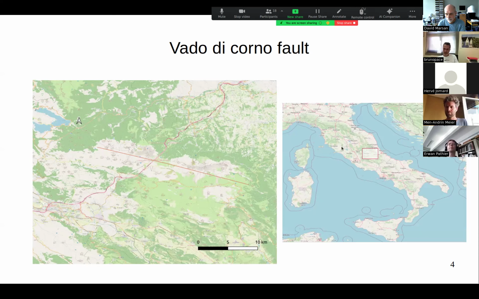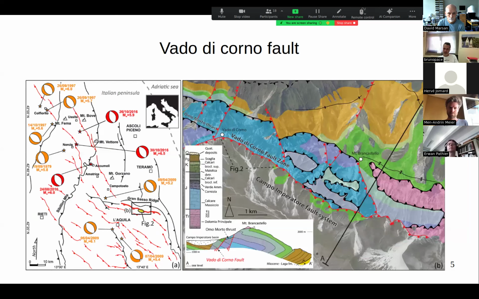We are working on a straight fault because we started with the most simple case. Here you can see the true shape of Vado di Corno. It's a normal fault. There are many thrust faults that you can see in black, but we're going to add them later to the model.